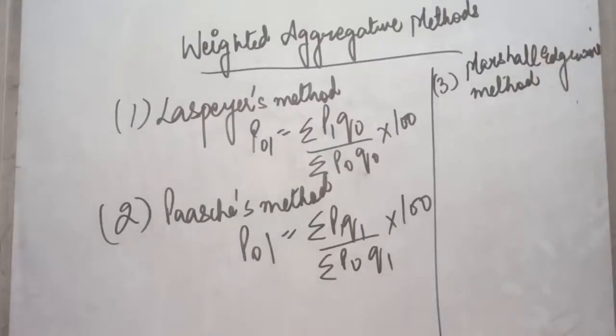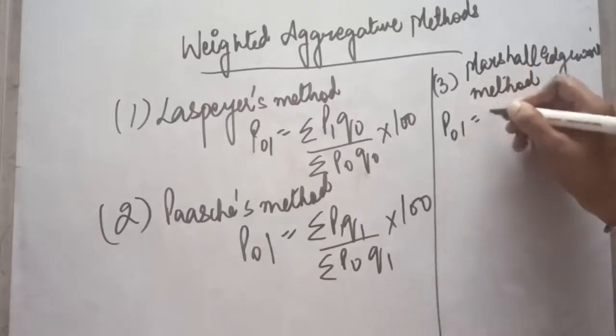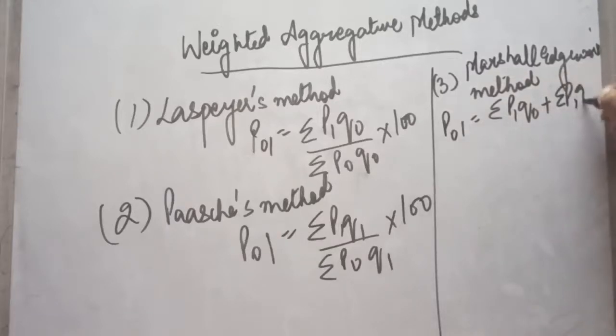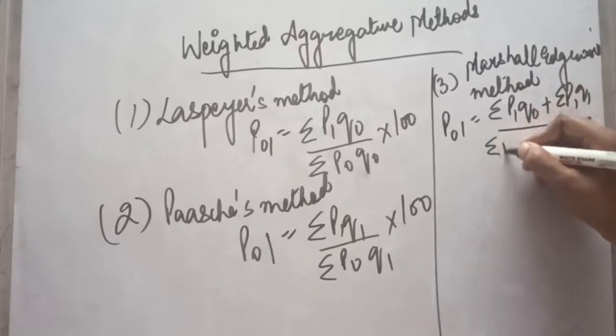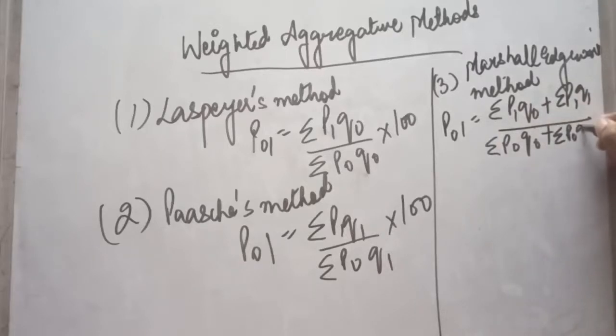In the Marshall-Edgeworth method, we can calculate P01 here also, and the formula is sigma P1 Q0 plus sigma P1 Q1 whole divided by sigma P0 Q0 plus sigma P0 Q1 into 100.